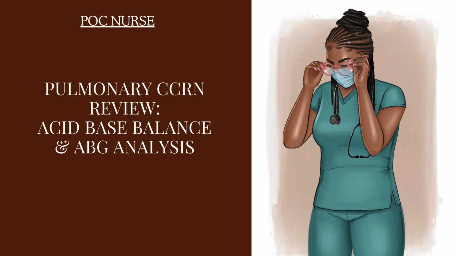Now we need to find out, is this respiratory acidosis or is this metabolic acidosis? This is where we go look at the PCO2 and the bicarb levels. Now, our PCO2 is 55. What do you think? 55 is normal, abnormal? It is abnormal. The normal value for PCO2 is 35 to 45.